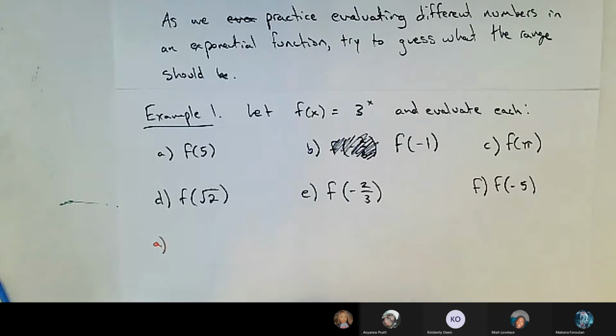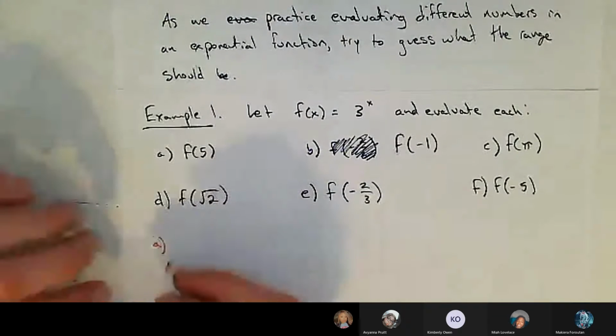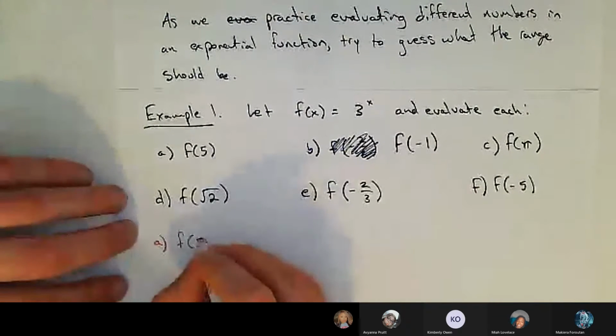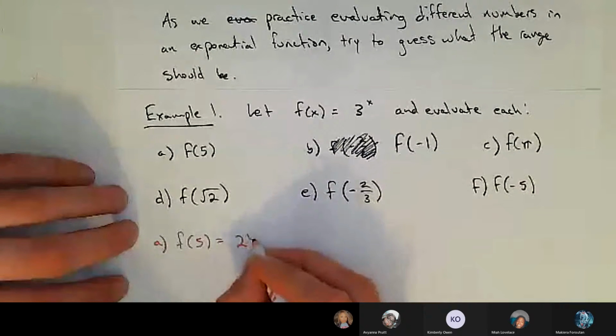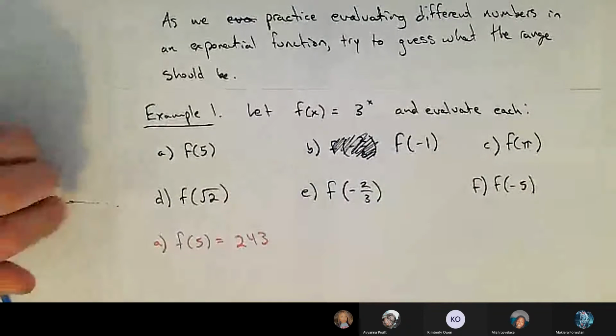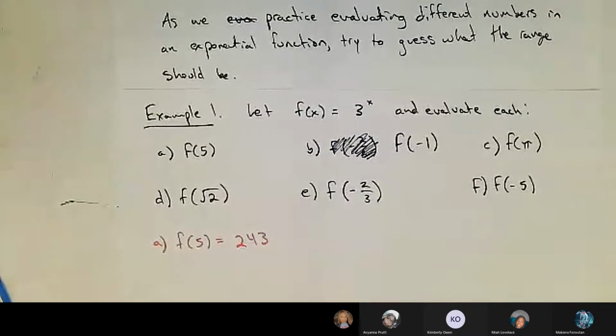I am going to show you, though, that the best way to do these negatives and fractional numbers is not asking the calculator, because we can do these by hand and get very nice, clean answers. First of all, f of 5, we've actually already calculated this, is 243. 3 to the 5th power is 243.